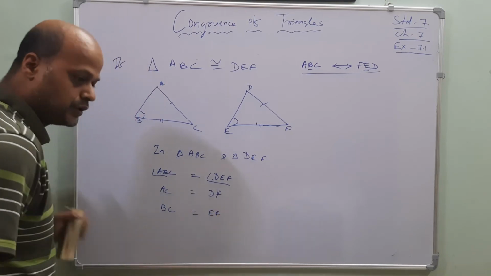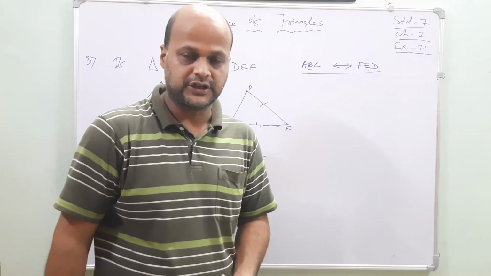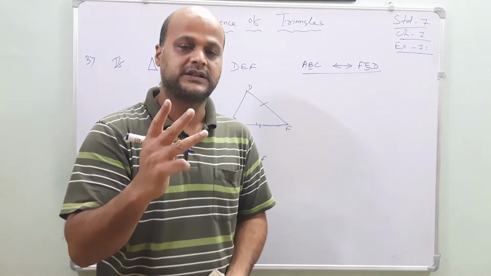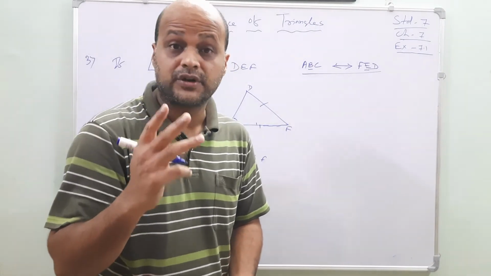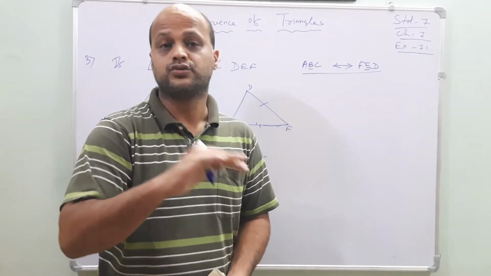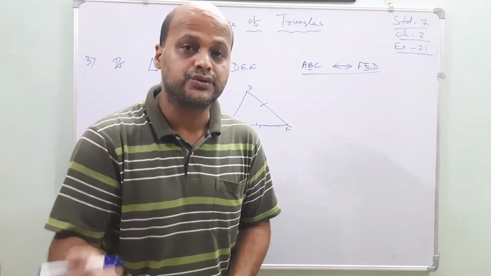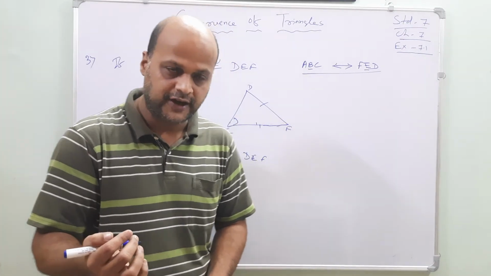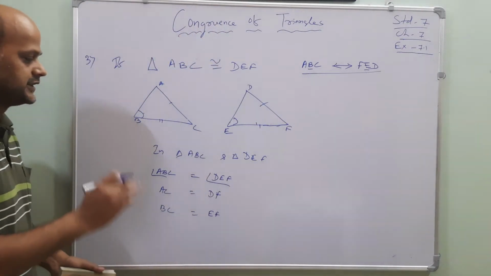To prove two triangles congruent, three similar things must be there between the two triangles. After that, we say that these two triangles are congruent to each other. Understood, my dear friends? So this is the rule.